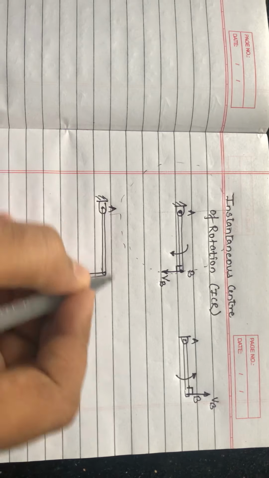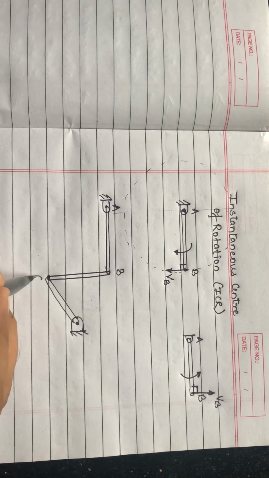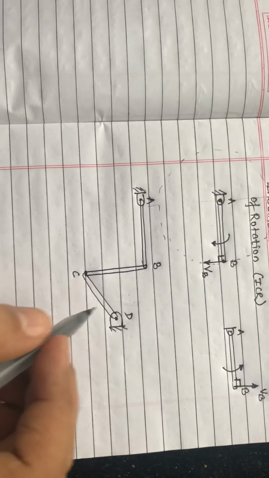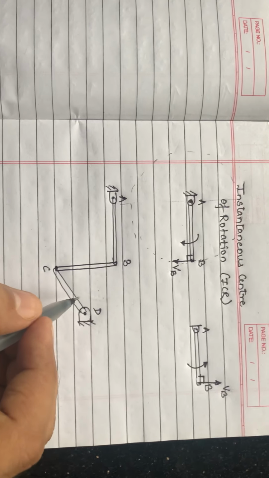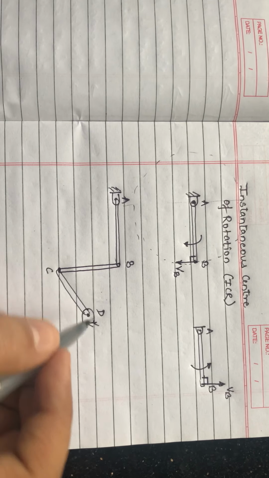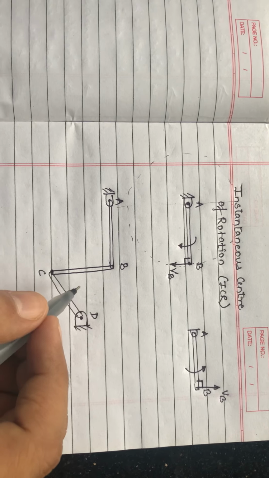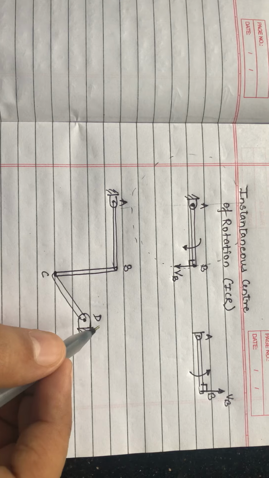Let's take this point as A, B, this as C, and this as D. Right now, in this example, we are only seeing how the ICR is to be located. The problem to solve using the ICR we will see in the next example.